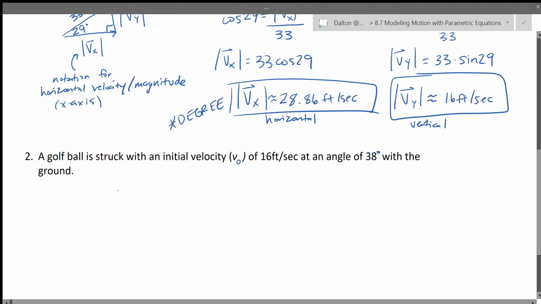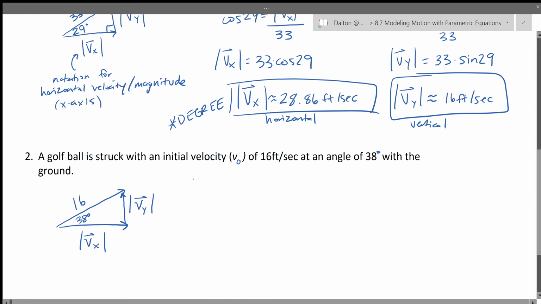But if I draw a picture of that scenario, this initial velocity is going to be 16. The horizontal component will look like this. The vertical velocity has this notation. The angle is 38 degrees with the ground.